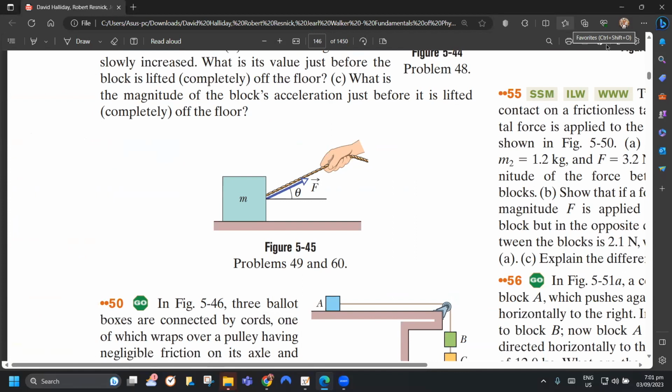Is the acceleration increasing? If the derivative is positive, is the original function increasing, decreasing, or staying the same? Increasing. Okay. So here, in letter A, the derivative is negative. That means the acceleration is decreasing.